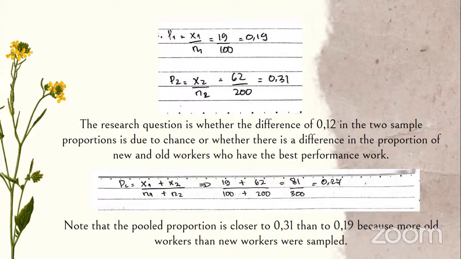We calculate them and we get 81 divided by 300, which is 0.27. Note that the pooled proportion is closer to 0.31 than to 0.19 because more old workers than new workers were sampled.